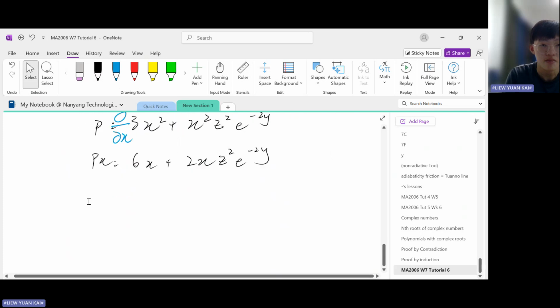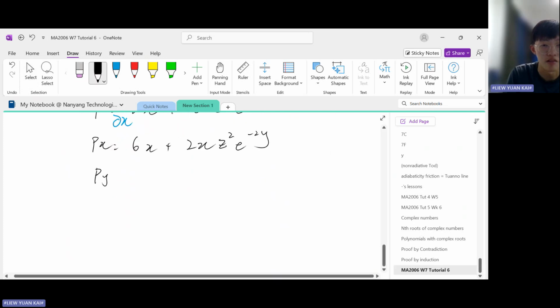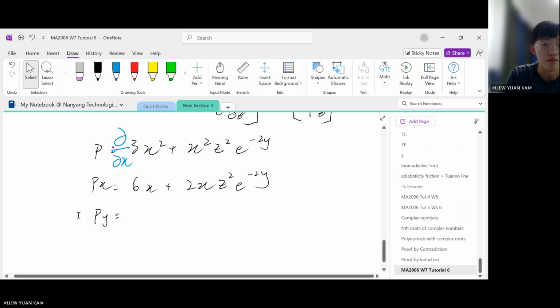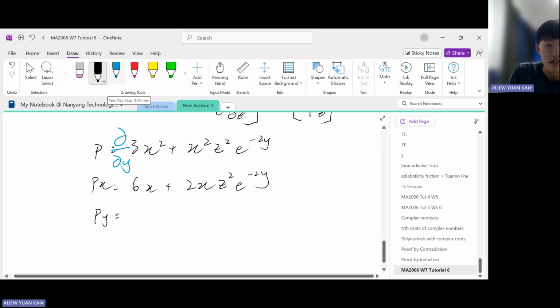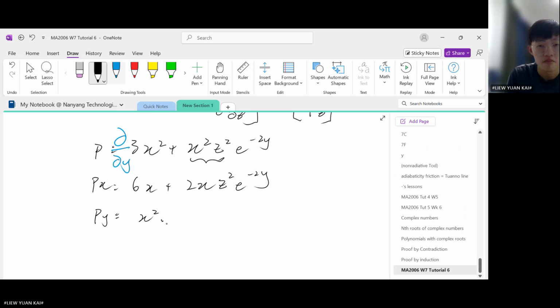So that's x. Now let's do partial P, partial y. Meaning now I differentiate this with respect to y. Remember, x is seen as a constant, so this will go away. Then x and z are constants, so we can just keep this. Then the derivative of the exponent, you just copy it down, multiply by the differentiation of the inside.